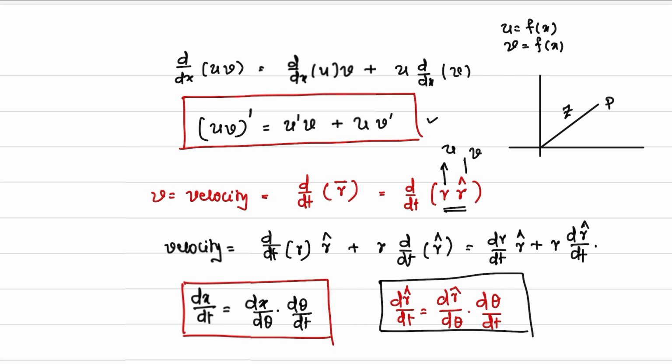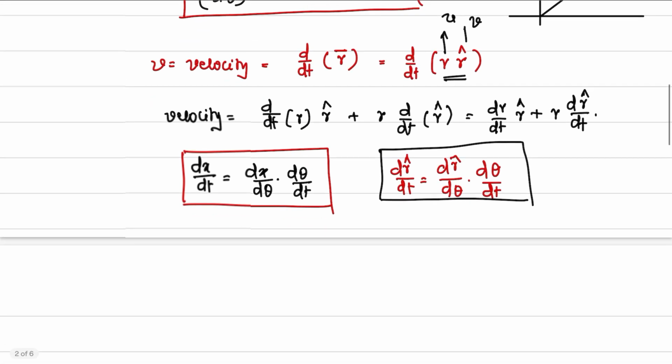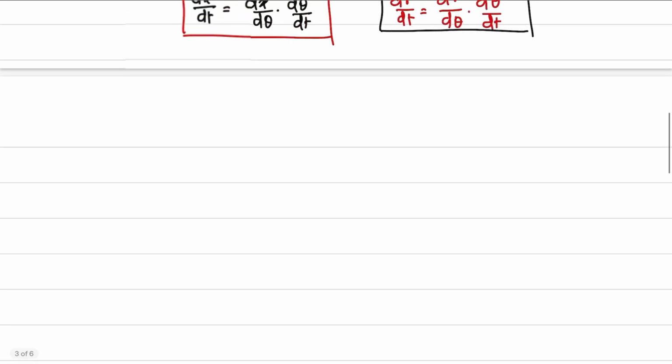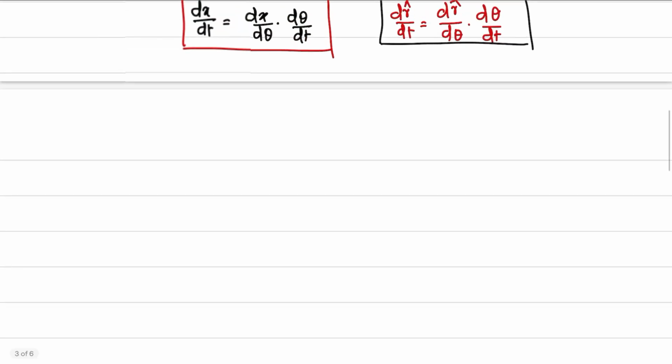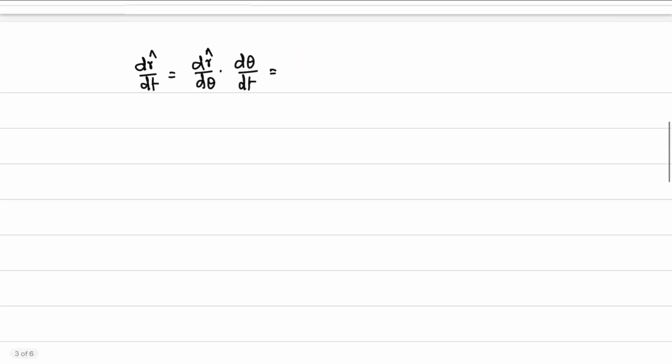In this case, what happens? dr cap by dt is equal to dr cap by d theta into d theta by dt. d theta by dt is nothing but angular velocity.